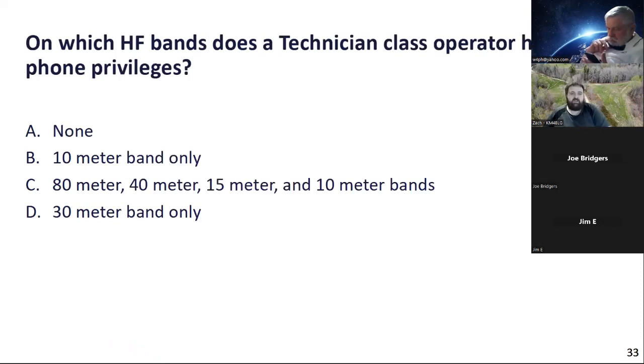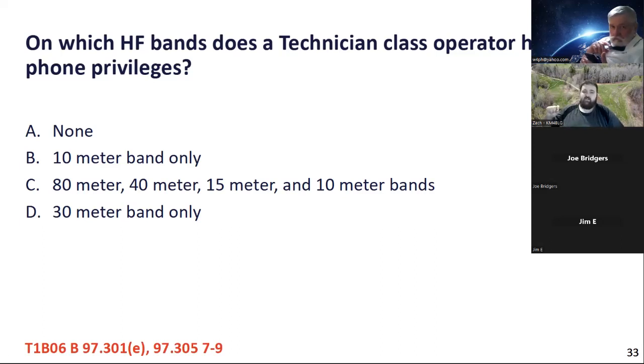On which HF bands does a technician class operator have phone privileges? Anyone? Okay. The answer is B, the 10-meter band only. And the key word here to look out for is which bands does the technician class operator have phone privileges.